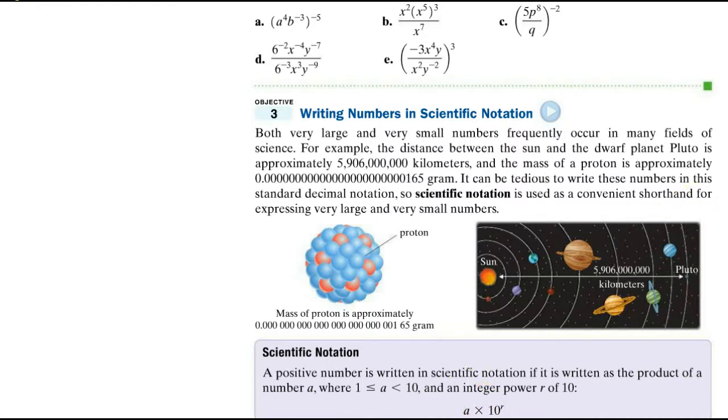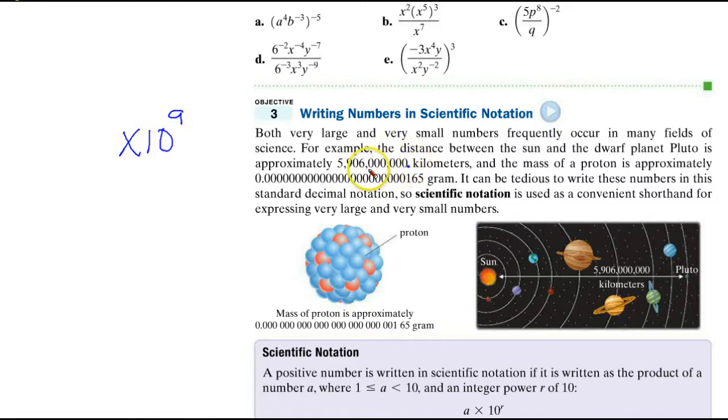So, again, read it over. It gives you more detail. But basically, our decimal point is right there. We're going to move it over 3, 6, 9. Times 10 to the 9th.